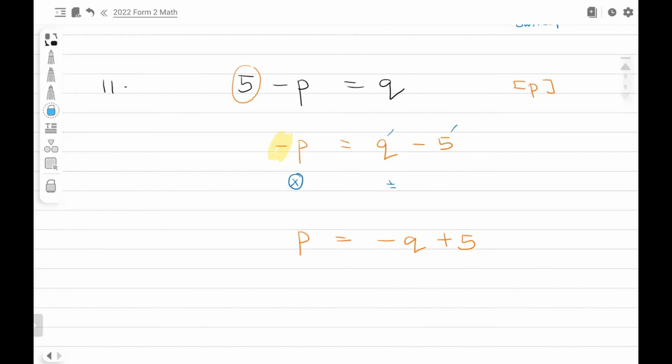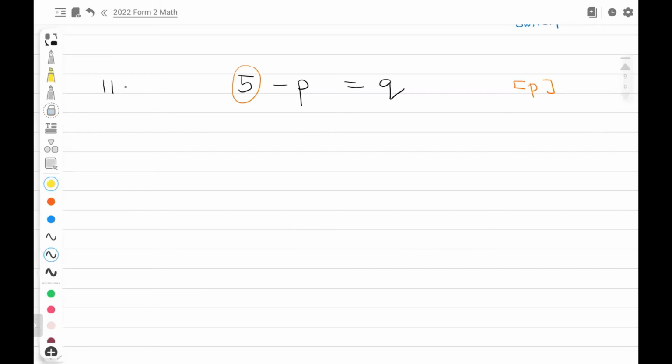So what is the best way? If you ask which is the best way, I will tell you. Over here, the best way would be to move the P to the back. Because negative P, minus P, when moved to the back, becomes positive and you have no issue at all.